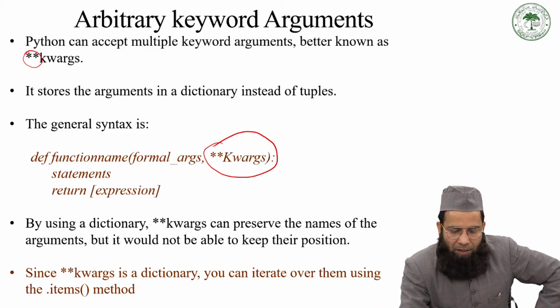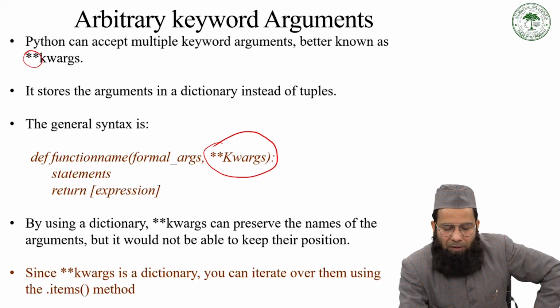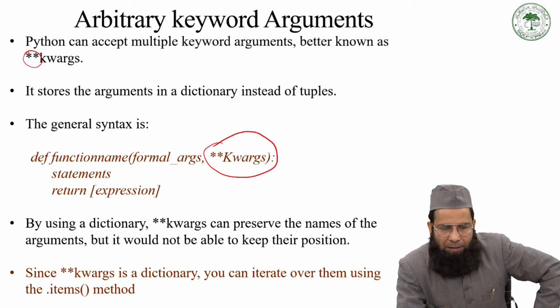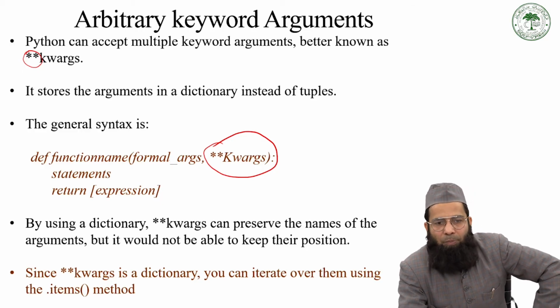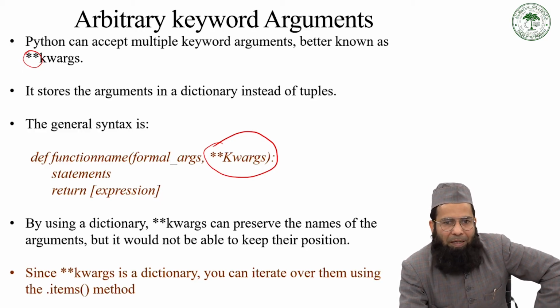By using a dictionary, this variable can preserve the names of the arguments, but it would not be able to keep their positions. So it preserves the keywords, right, not the positions. So this is an arbitrary keyword argument, not an arbitrary positional argument. This is to be noted here.